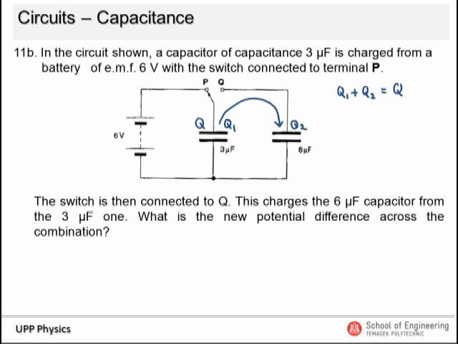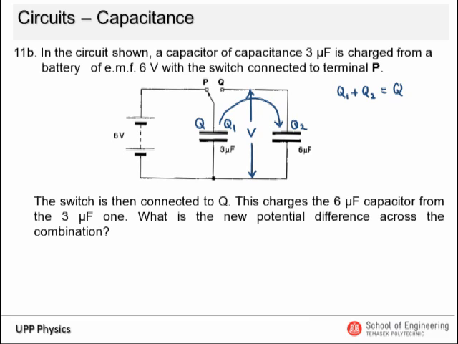But this transfer of charges from the 3 microfarad capacitor to the 6 microfarad capacitor does not continue forever. It will reach a stage of equilibrium. When is this stage of equilibrium achieved? When the potential difference across the 3 microfarad and the 6 microfarad capacitors are the same.